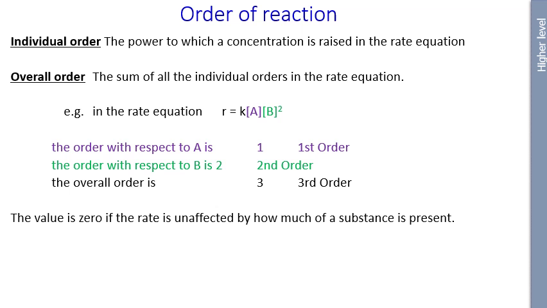It is second order because the superscript is 2 here. The sum is therefore the order of 1 on A plus the order of 2, which will be the overall order of the reaction, 3. A value is 0 if the rate is unaffected by how much of the substance is present.